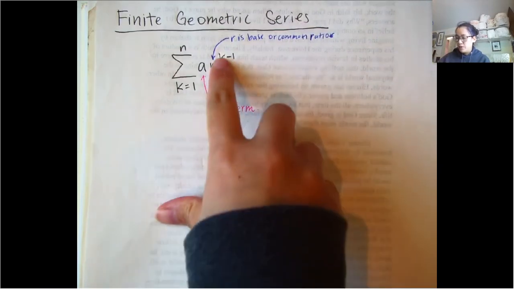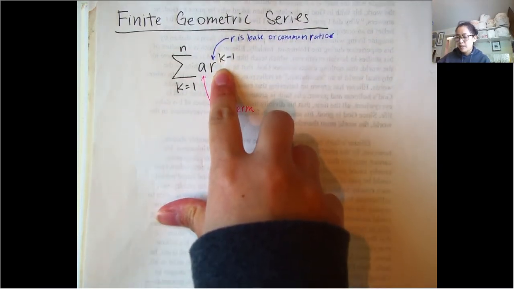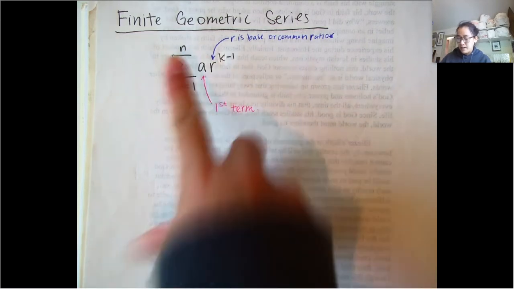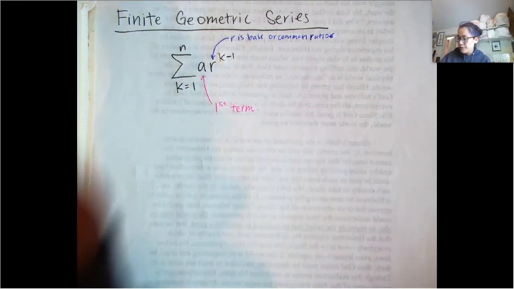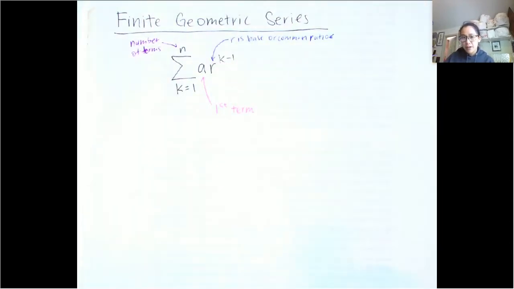And k, of course, is your index of summation. And n will be your number of terms. That makes sense because we're starting at 1 and we count up to n, so there's going to be n terms.